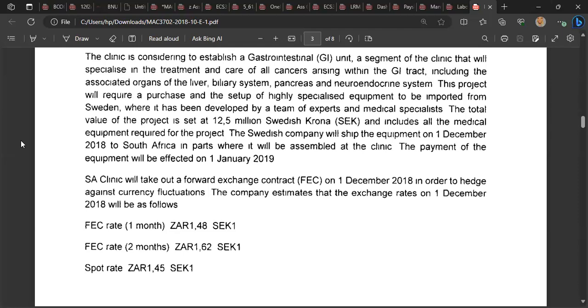All right, let me just fill you in on that one. So in terms of accounting, because now we want to decide how much is the cost of this GI unit and at what price we are going to include it in our books.